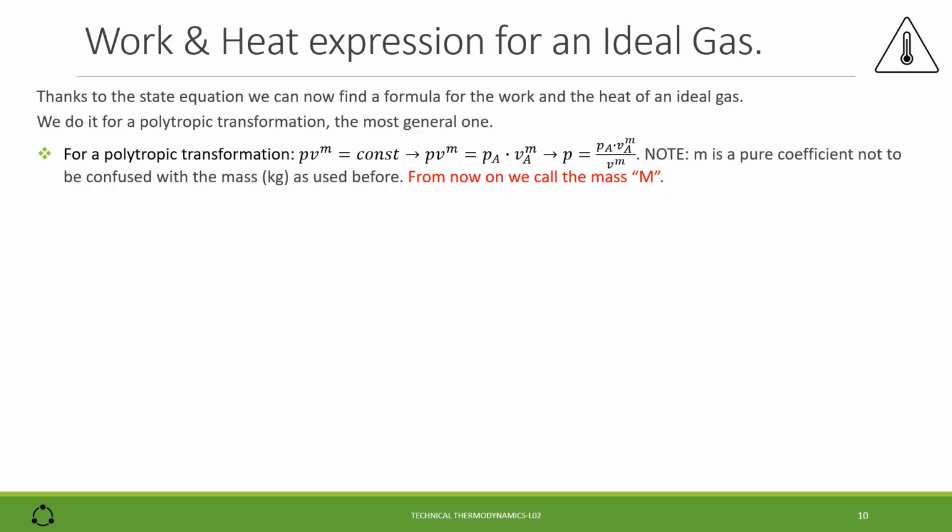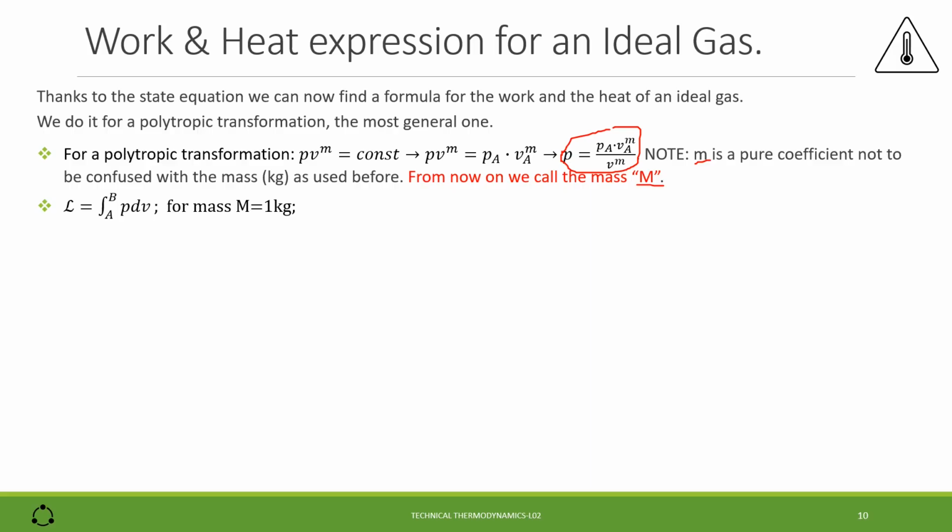Also, PV to m equals PA into VA to m. Therefore, P equals PA into VA to m divided by V to m. Notice that m is a pure coefficient, not to be confused with the mass, as used before. From now on, we call the mass capital M, to avoid any confusion.